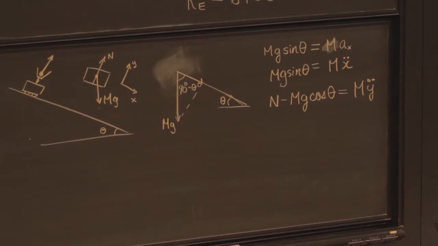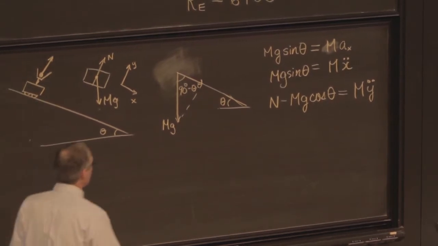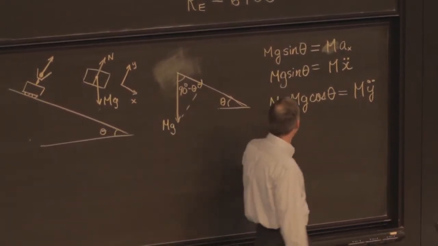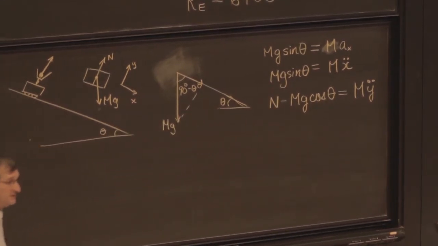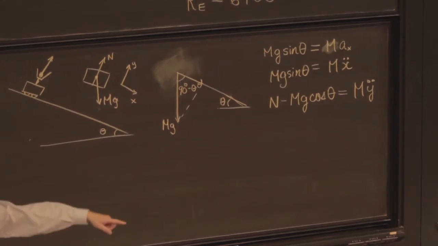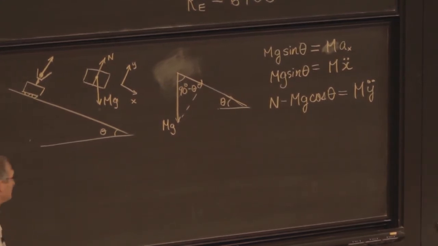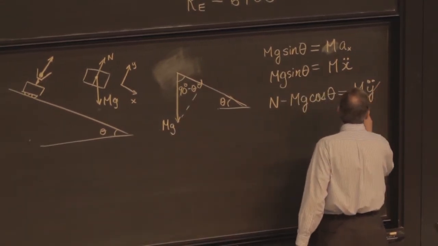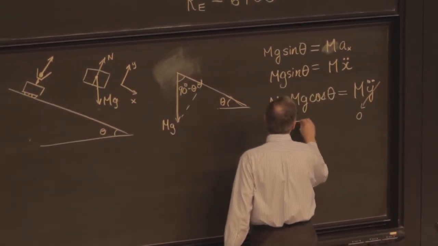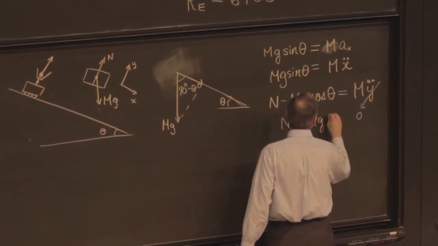Nothing. Not to the cart, because the normal force will just adjust itself so that y double dot is 0, unless the rails fail and it falls through the rails. Okay, so from this expression, we just could learn that the normal force will be equal to mg cosine theta.